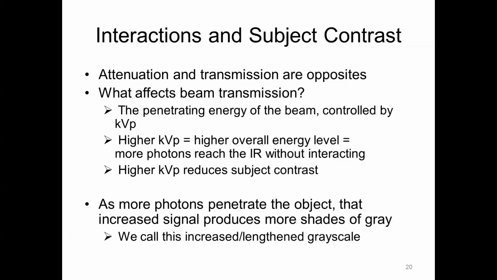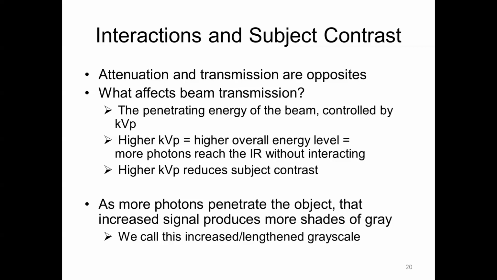We increase the grayscale, we've reduced the contrast. We've reduced the subject contrast. Because the remnant beam no longer has big gaps where the bone is. Now, those gaps where the bone is have transmission occurring as well, in addition to the scatter.